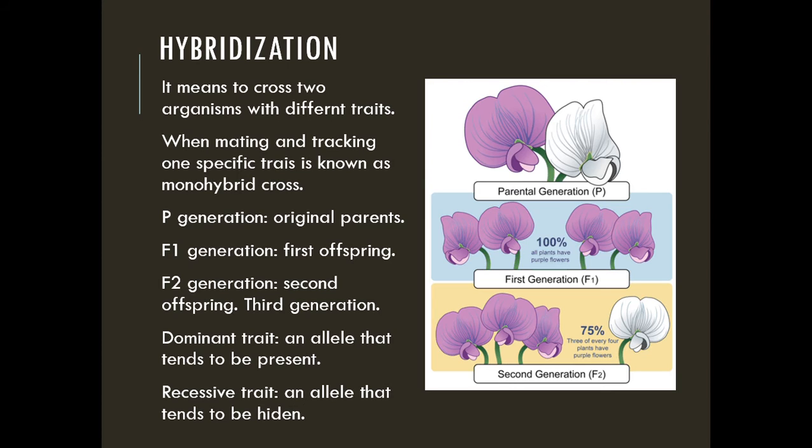Okay, but now what happens in the F2 generation, which is the second offspring or the third generation? Just like you can notice, there is one white flower in there. So, this is related to recessive genes or recessive traits. Basically, they are part of the genetic composition of the organism, but they do not appear regularly until a second generation, just like in this case.